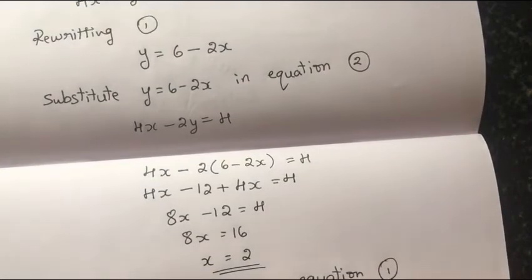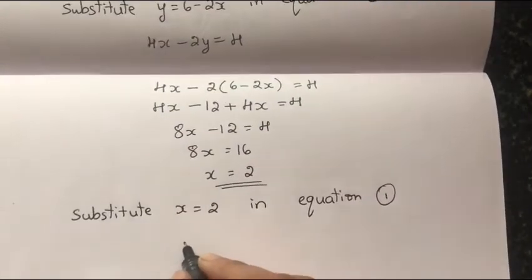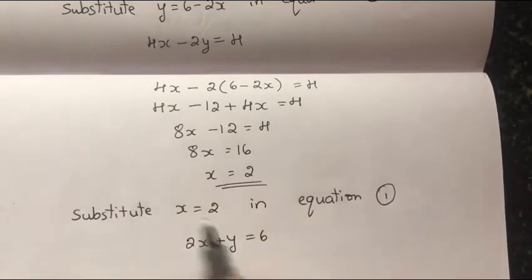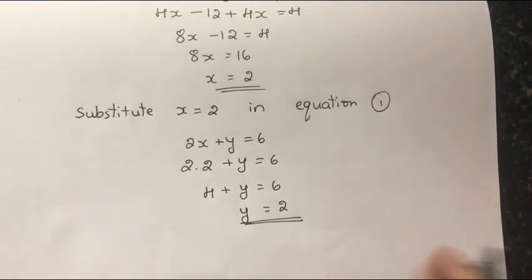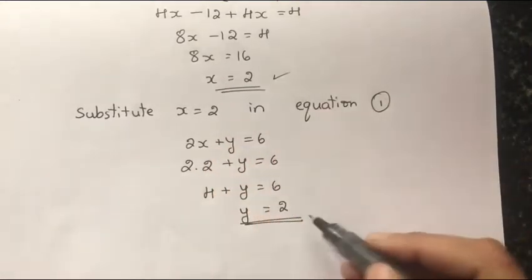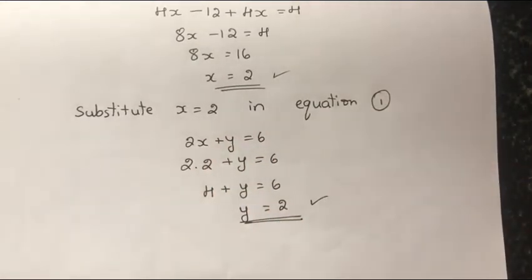Equation 1 is 2x plus y equal to 6. X value is 2, so 2 into 2 plus y equal to 6. So 4 plus y equal to 6, y equal to 6 minus 4, that is 2. So you are getting x equal to 2 and y equal to 2.